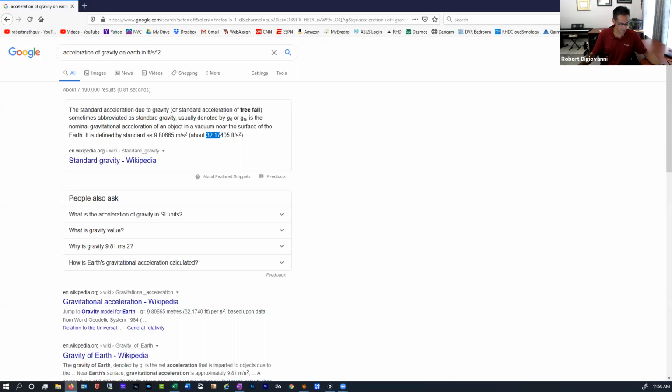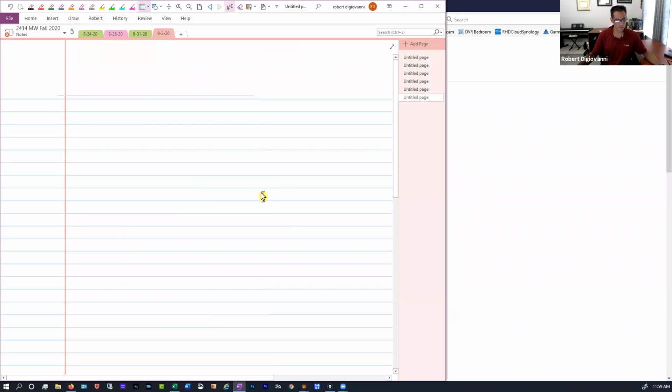So here's what we got. On Earth, the acceleration of gravity is negative, and we're going to say approximately negative 32 feet per second squared.